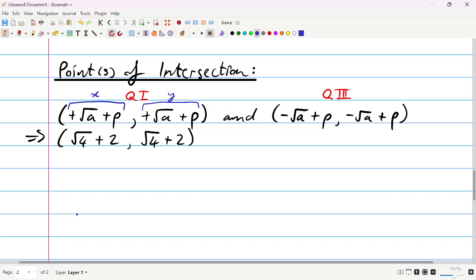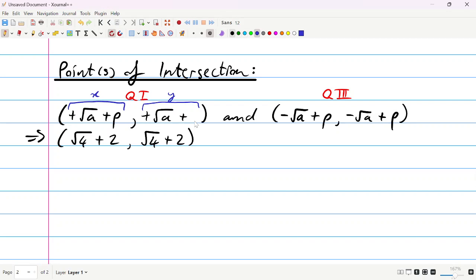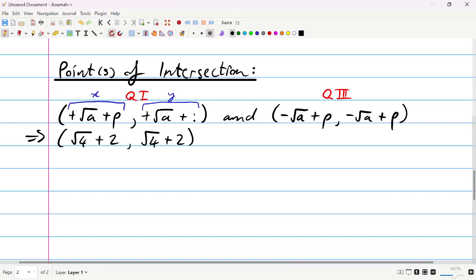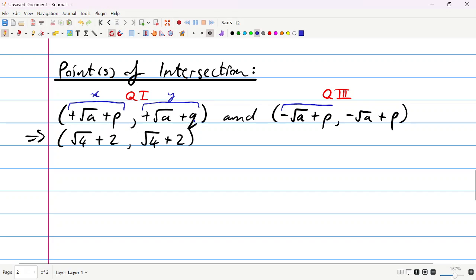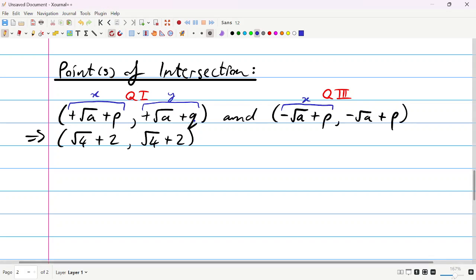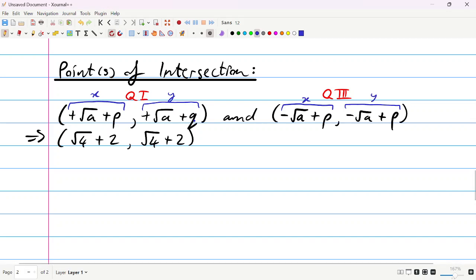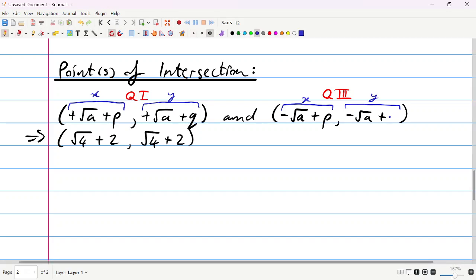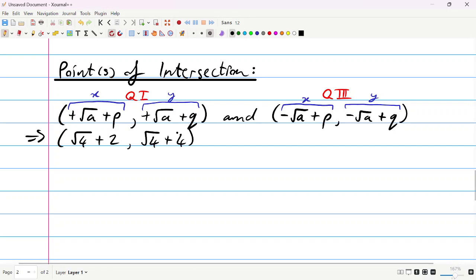This is supposed to be q, because it's involved within the y. The same thing happens here: this is an x coordinate, and this is a y coordinate, so this must not be p, this must be q. I hope you understand that. I'm sorry for giving you a fright, because I like doing that. Our q value we know is going to be 4. Hopefully you caught that one.